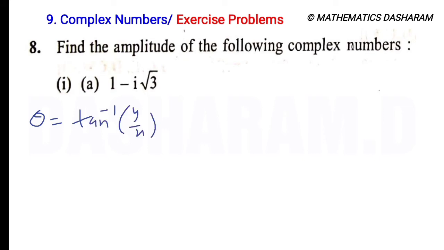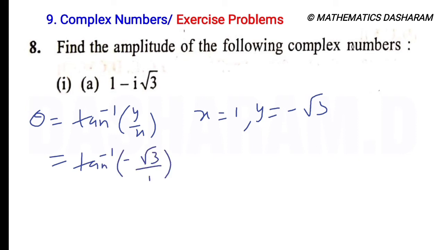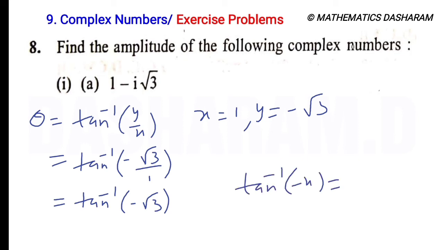Here the x value is 1 and the y value is minus root 3. So tan inverse of minus root 3 by 1, so tan inverse minus root 3. But we have a formula, tan inverse of minus x becomes minus tan inverse x. So that is why minus tan inverse root 3.